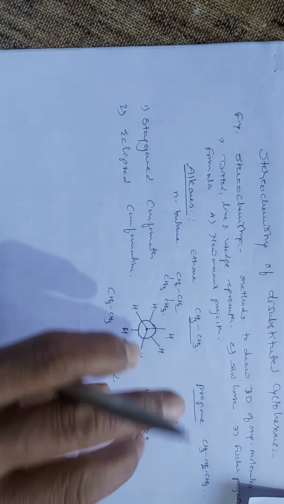Means if you rotate the carbon-carbon bond axis, you are getting different dihedral angles.